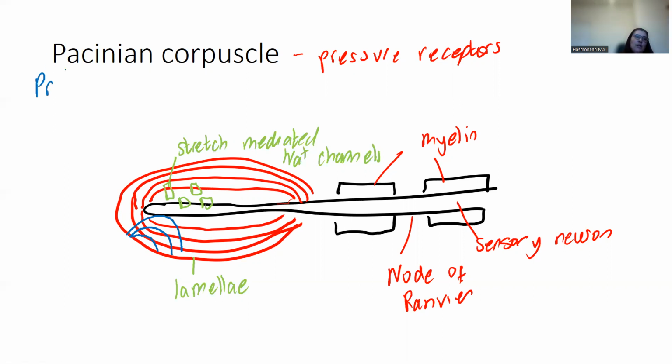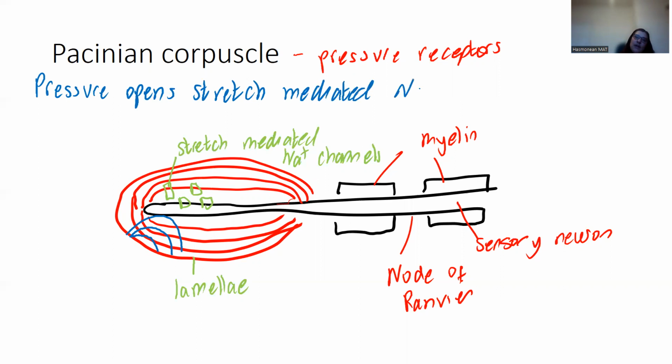So pressure opens the stretch mediated Na+ channels.